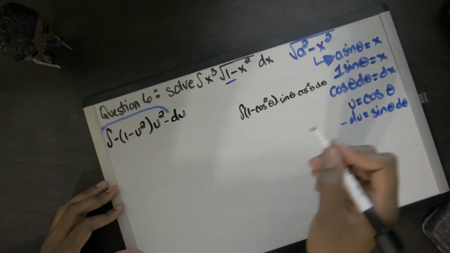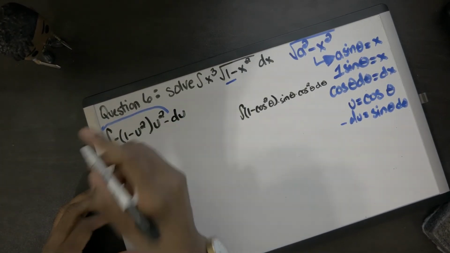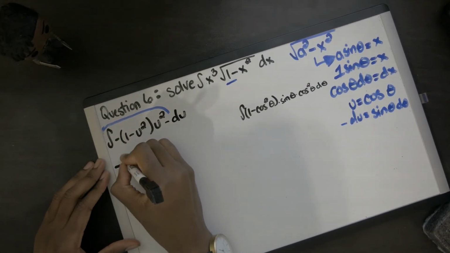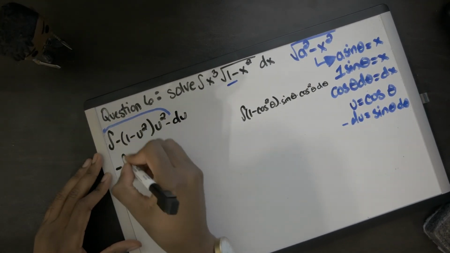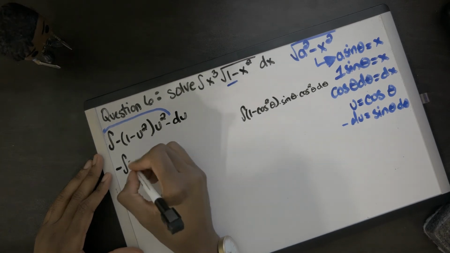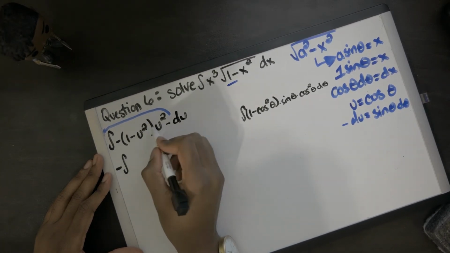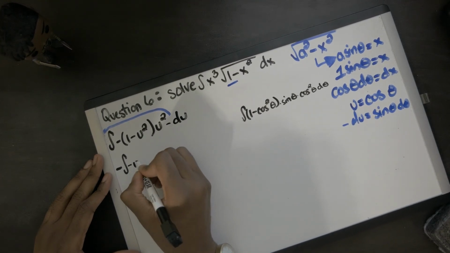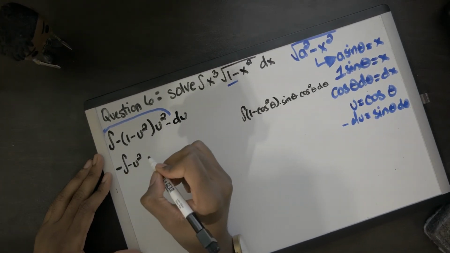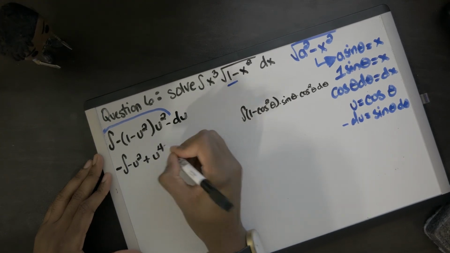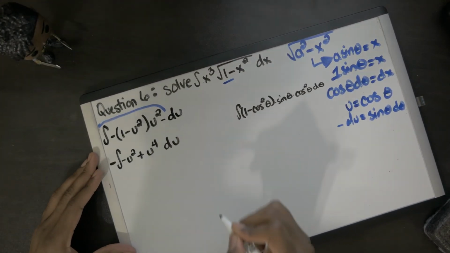Just like before, we have a negative 1 that we're bringing out. So now we have a negative, and then we'll multiply this out: negative u squared plus a positive u to the 4th du. How's that?